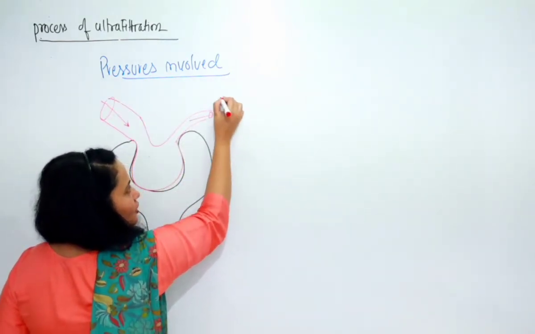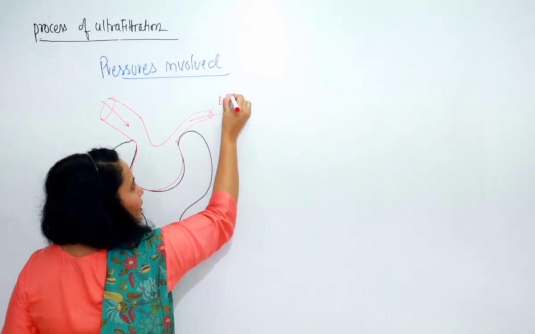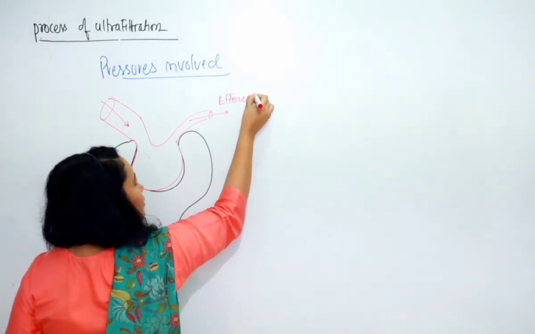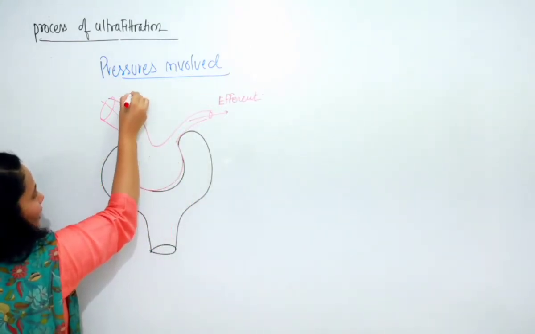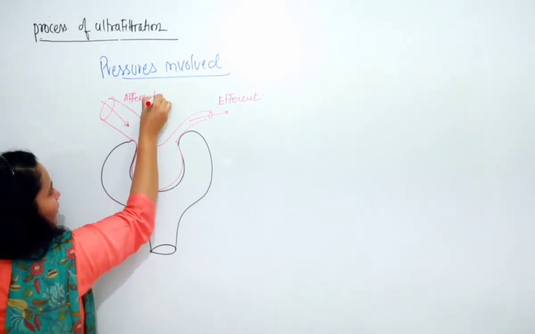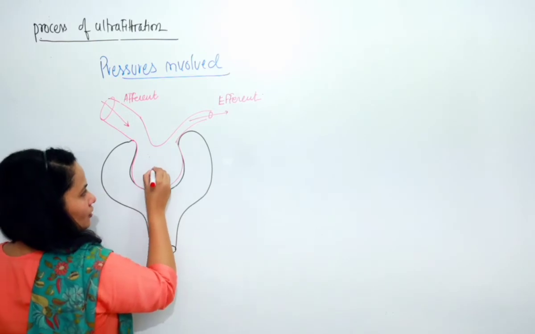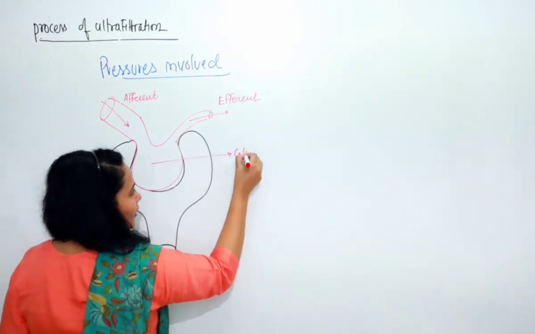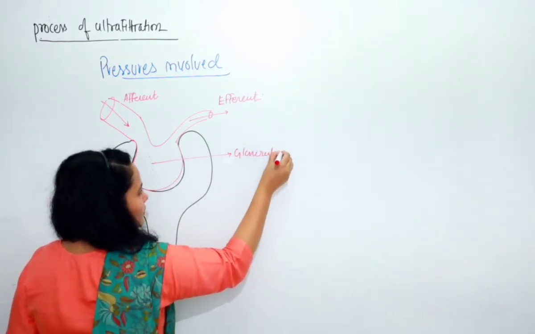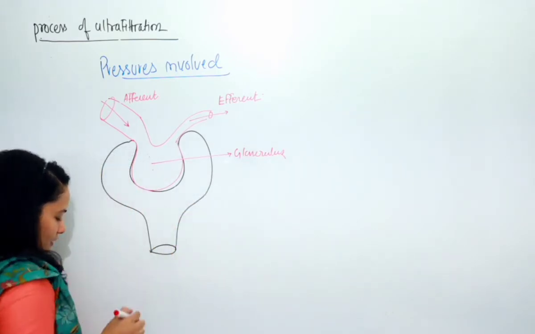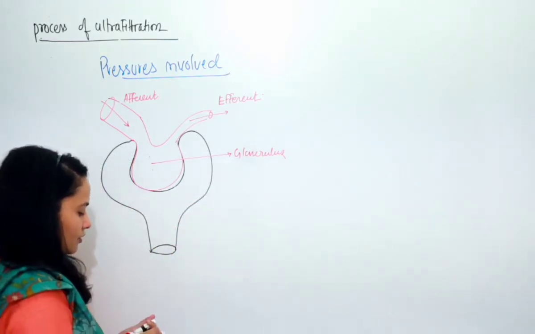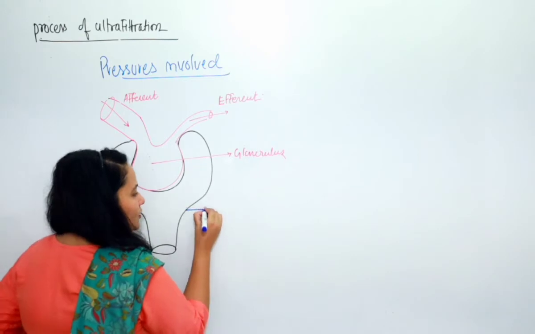So I'll just write it in short. This is the afferent one, that is the afferent renal arteriole, and this is the efferent renal arteriole. And what is this structure? This structure is the glomerulus, and this is known as the Bowman's capsule.